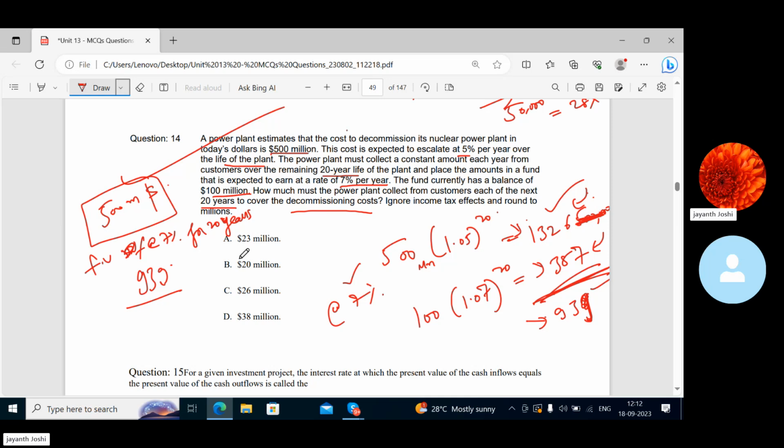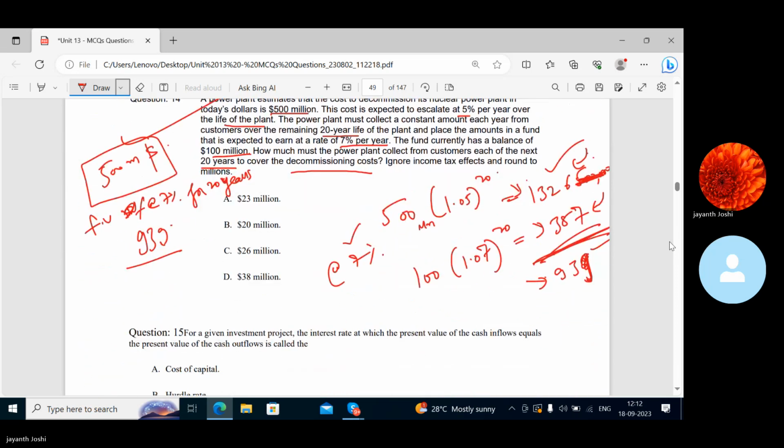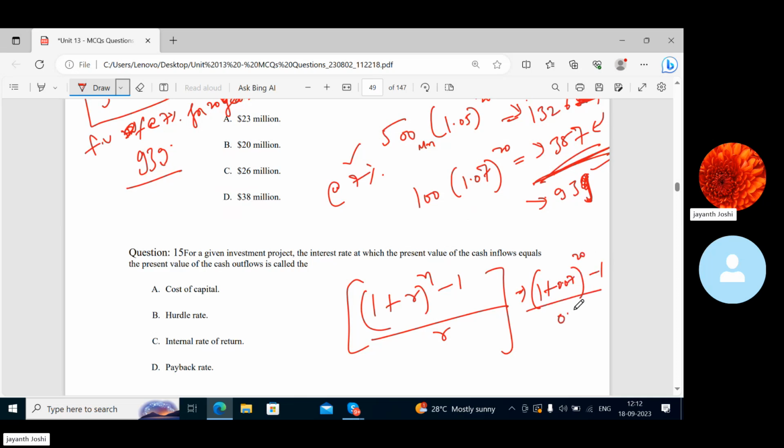I have given the formula, right? It is 1 plus r whole power n minus 1, divided by r. So 1 plus 0.07 whole power 20 minus 1, divided by 0.07.